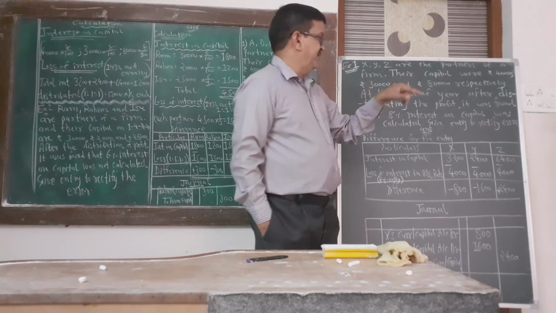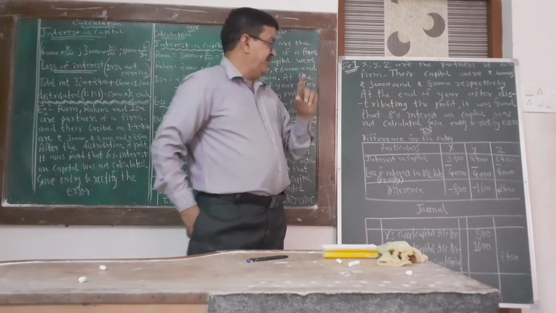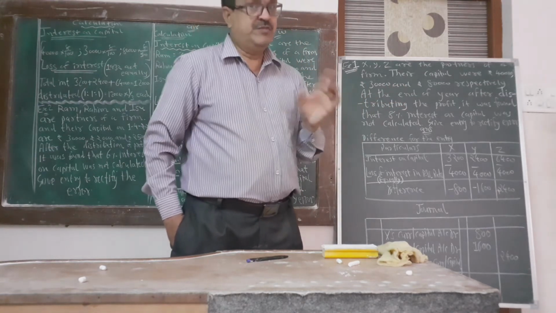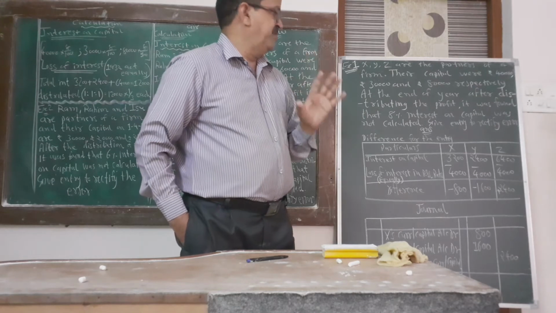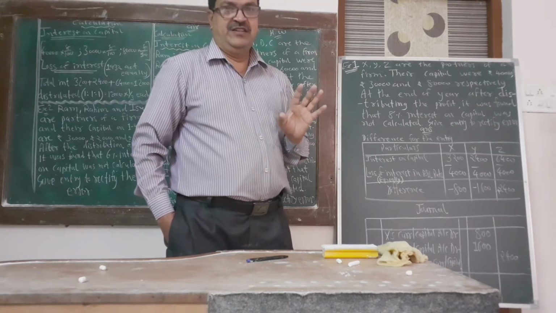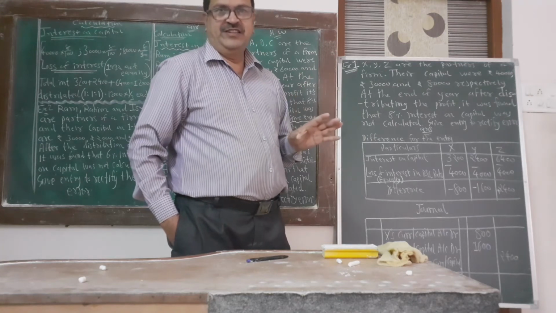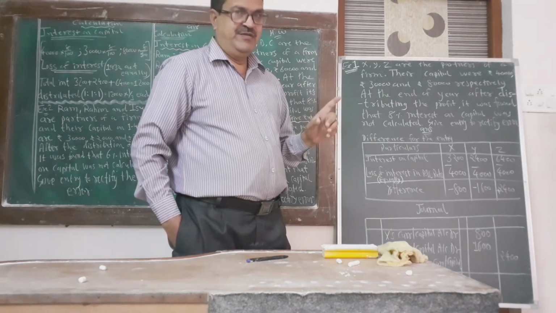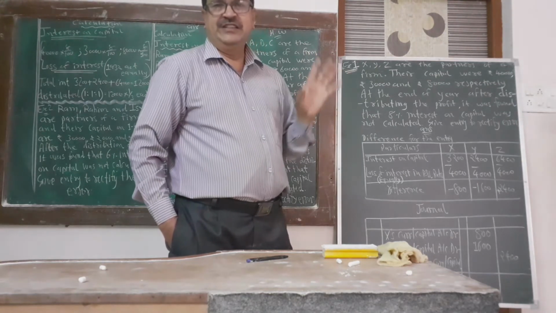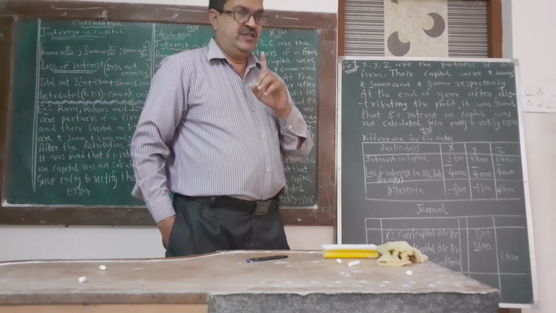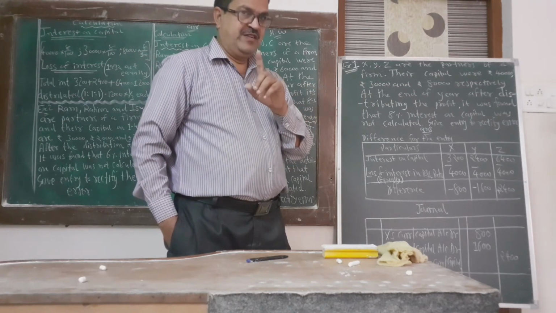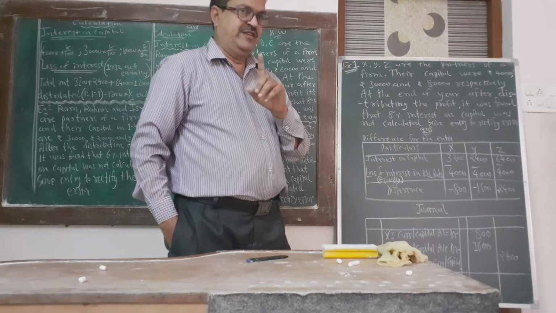At the end of the year, after distributing the profit, it was found that 8% interest on capital was missed out or not calculated. Give an entry to rectify the error. So here is a problem of interest on capital.